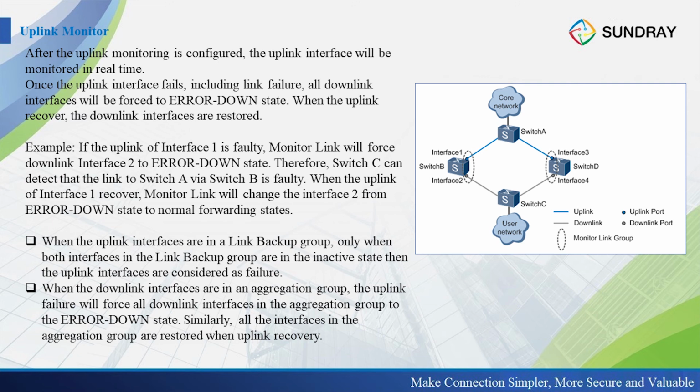So it means if there are many ports in the aggregation group, when the uplink interface fails, all the downlink interfaces in the aggregation group will change to error down.